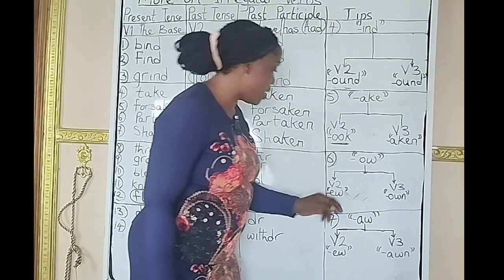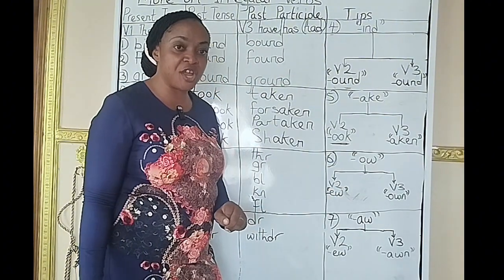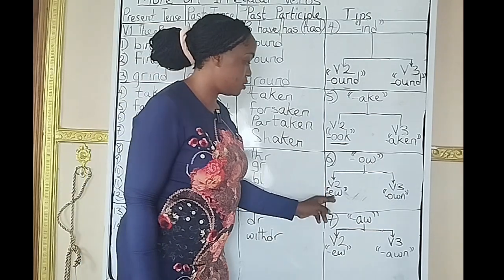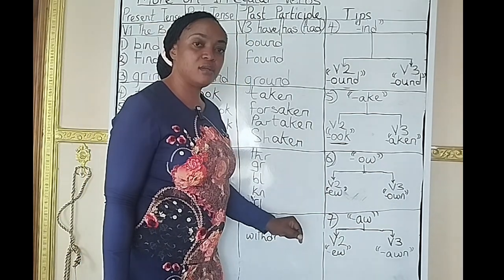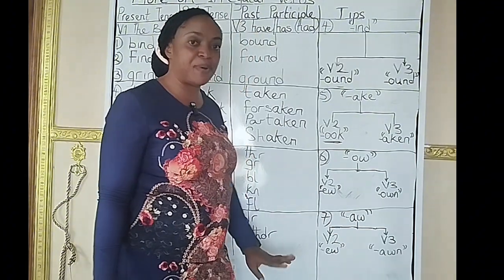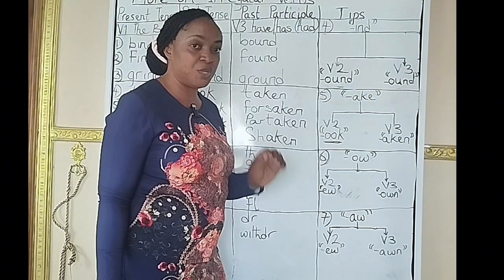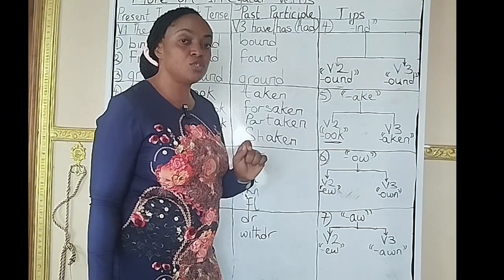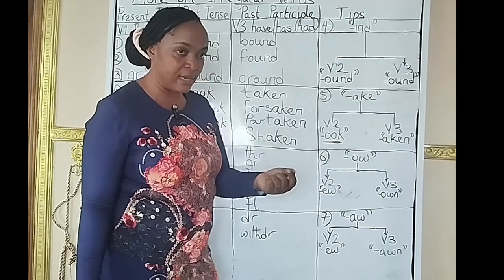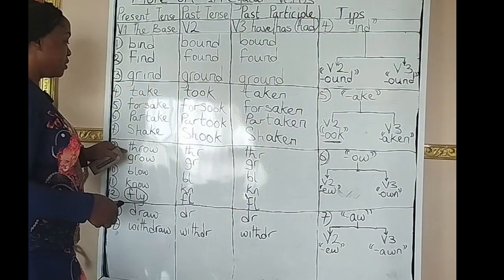So we have OW. The V2 states that we change the verb to EW. And here we also change the verb when we come to the past participle. We change the OW to OWN. Let's try this together.